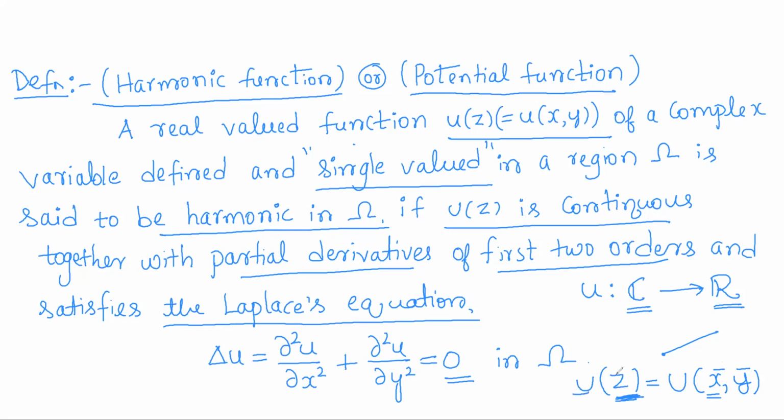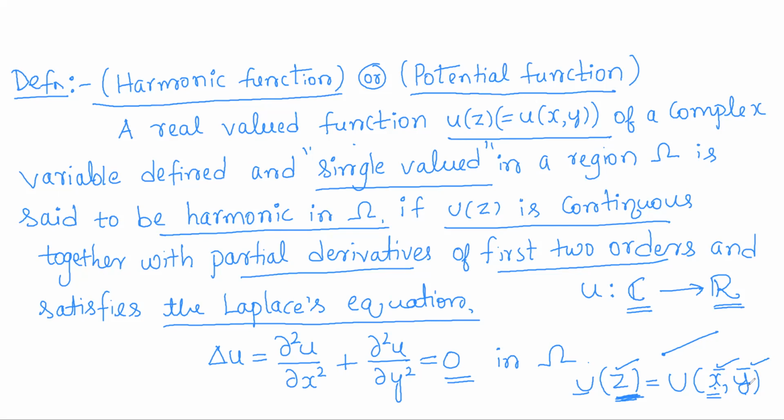So if u is a function of a complex variable, u will be a function of two independent variables, x and y. Whenever a function has more than one independent variable, we can talk about its partial derivatives, that is differentiation of u with respect to one variable, keeping the other constant. We can have the partial derivative of u with respect to x, keeping y constant, and the partial derivative of u with respect to y, keeping x constant.